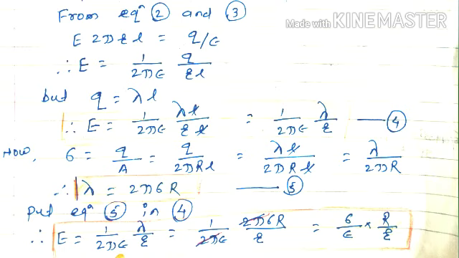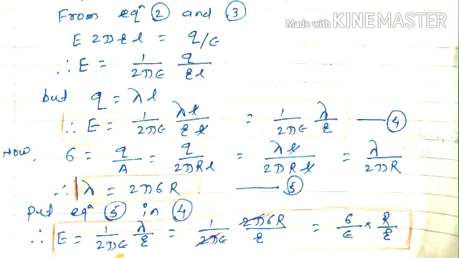In this case l gets cancelled. Finally sigma equals lambda upon 2 pi capital R. Therefore lambda equals 2 pi sigma R. Now we substitute this in equation number 4.